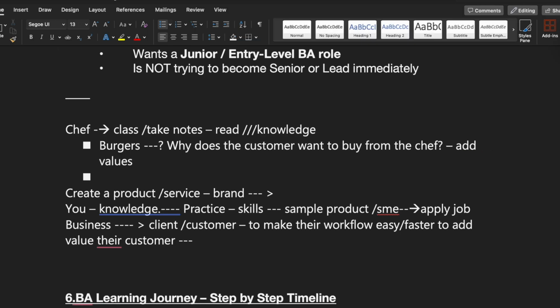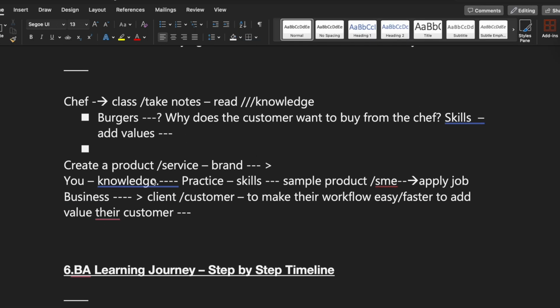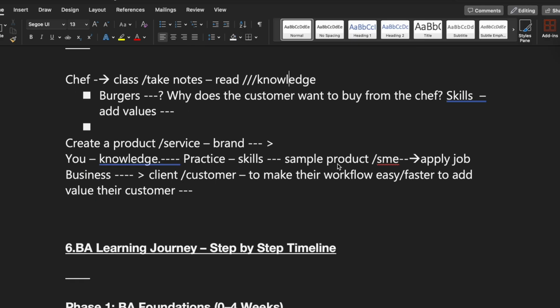You should open a restaurant. So the chef gets a confirmation. The chef started adding value. People like it, right? That's a confirmation. So he took knowledge, practiced, and converted it into skills. Now it's value: knowledge, skills, value.